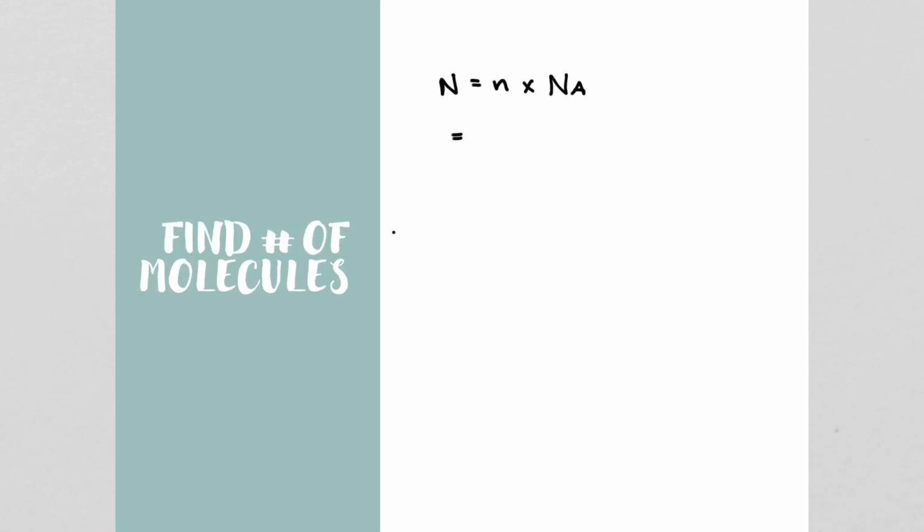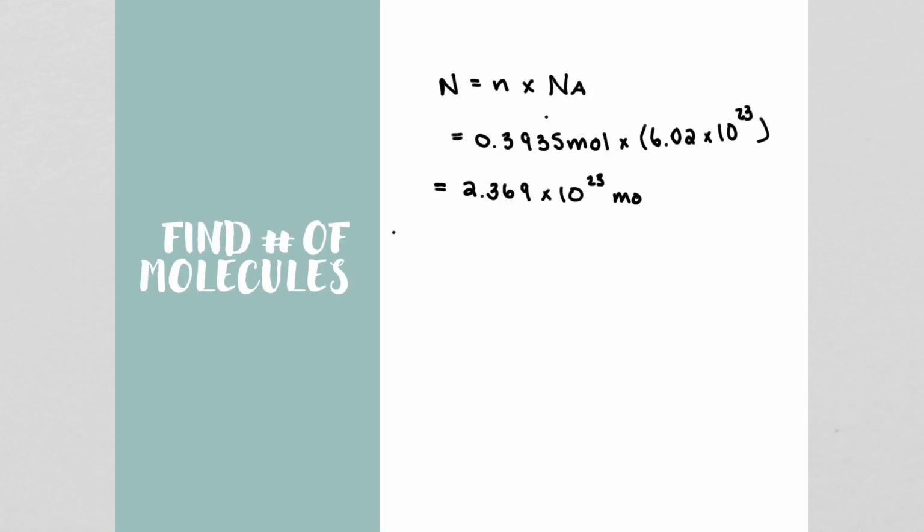So that's going to be equal to 0.3935 moles times Avogadro's constant, 6.02 times 10 to the power of 23 molecules per mole. So that's equal to 2.369 times 10 to the power of 23 molecules, or formula units actually, because this is an ionic compound.